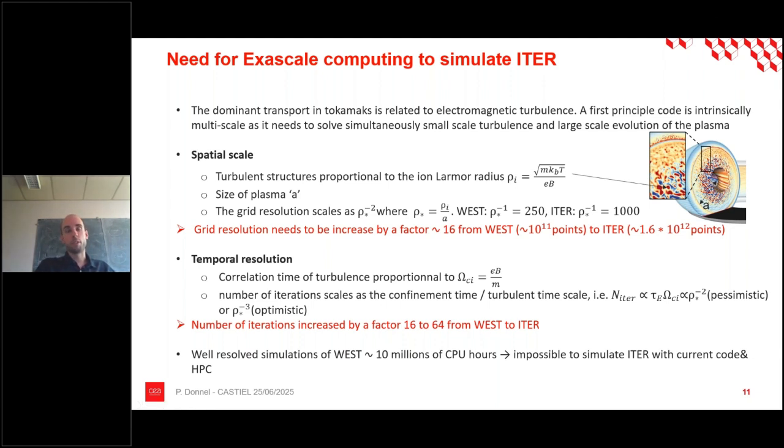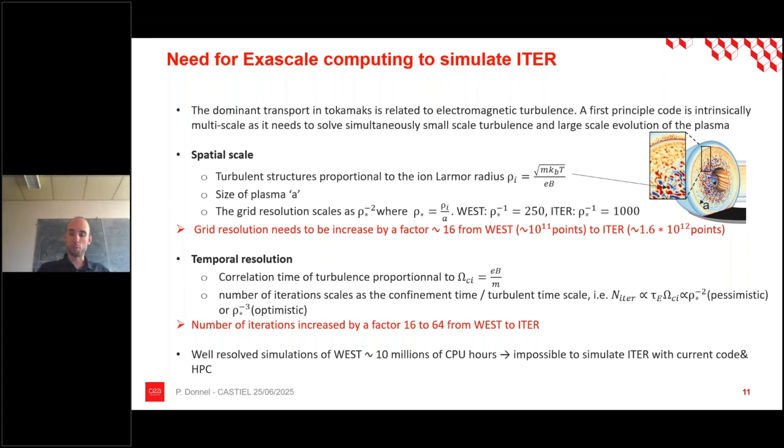And last point, the numerical cost for one well-resolved simulation of West is of the order of 10 million CPU hours. So you already see with these numbers that to simulate ITER with what we have right now, it's impossible.